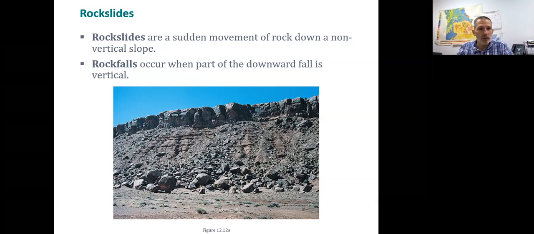There's a famous rock slide in Japan. If you go into YouTube and type in rock slide Japan, there was a rock slide that they were filming. They had just set up a camera. There were some signs that this rock slide had a potential for going out, and so they had just set up a camera in this area.